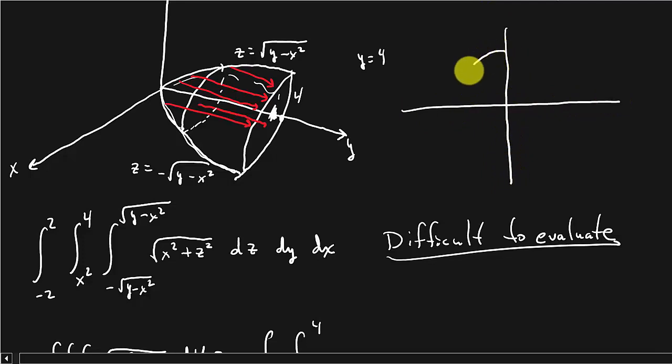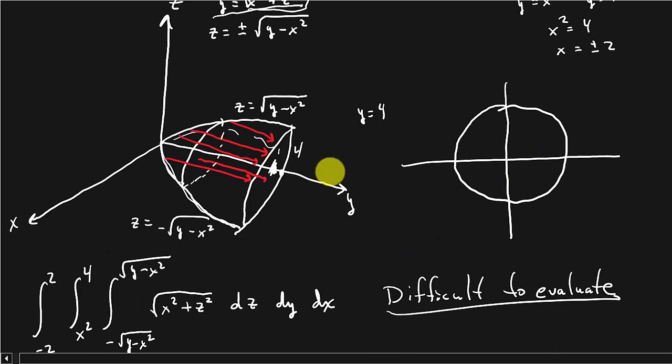All right, so if I look in the xz plane, that's going to be a circle, right? That's like I'm standing over here and looking back this way, I see a circle for the paraboloid. And do you understand that this biggest circle would be x squared plus z squared is equal to 4?